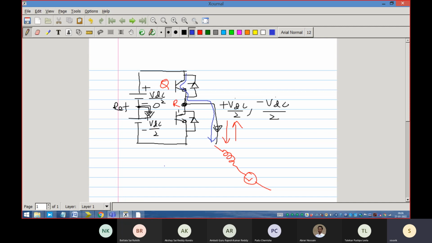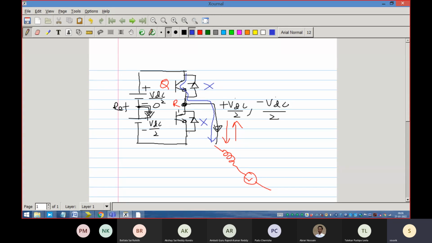But if the current is negative and the switch Q is on, as such, if you do not put the diode, then there is a problem, because that current has to be continuous, and it's an inductor. Current has to be continuous, but you are not giving any path to it, right? Logically speaking, suppose you have not put diodes here and here as well, and the current is negative, right?